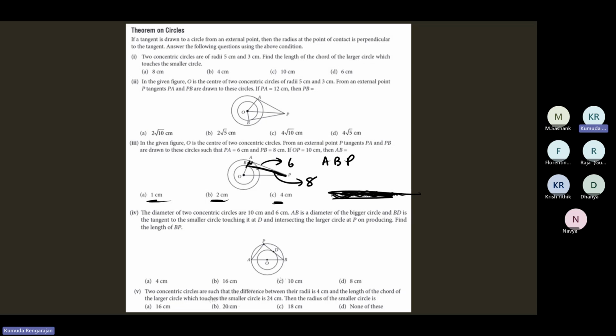But we can get one of these answers in a different way. So the values are not right, I suppose. Now, children, is ABP a right triangle? Now the hypotenuse is 8 and one side is 6. So then AB will be square root of 64 minus 36, right? What is that?